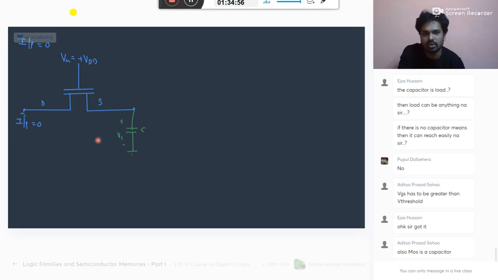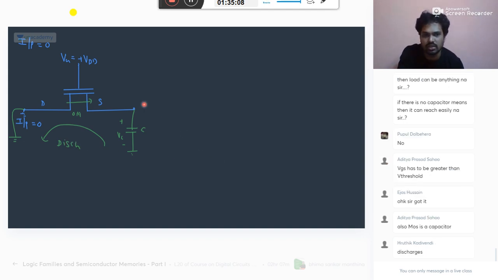So in this case, whenever you provide the ground, what happens? The transistor is in on condition and the capacitor will discharge. So VDD minus Vc should be greater than Vt. If Vc becomes 0 also, no problem. Still VDD minus 0 is greater than Vt. Still it will be on.